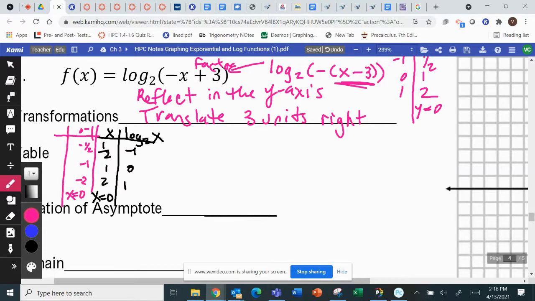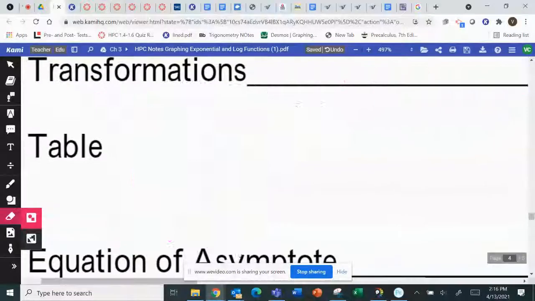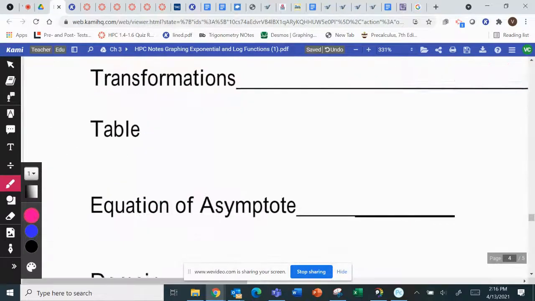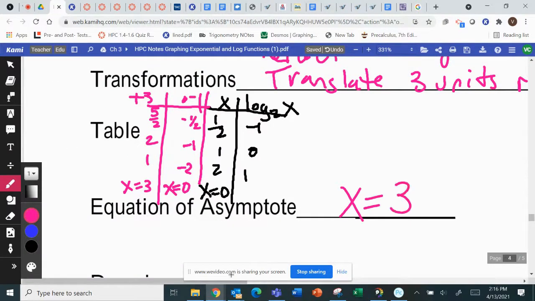And then add 3. So my asymptote is at x equals 3.